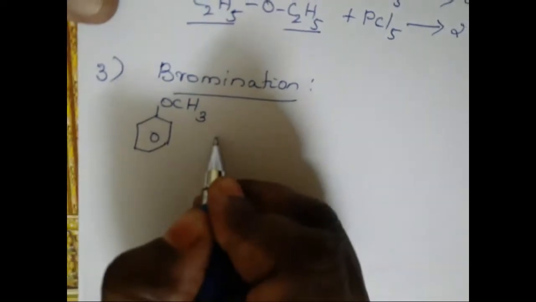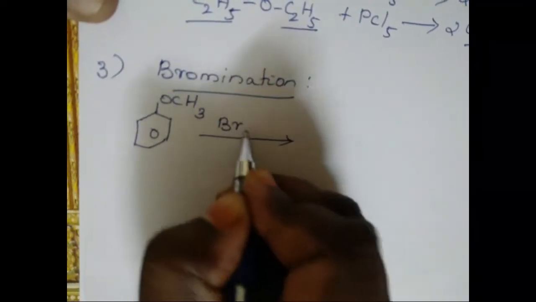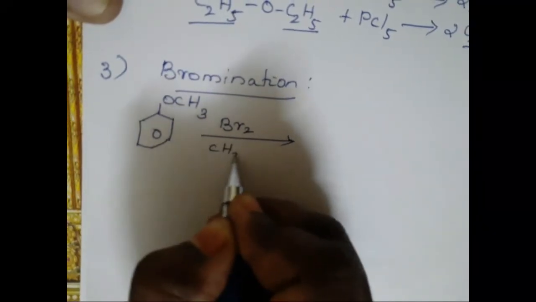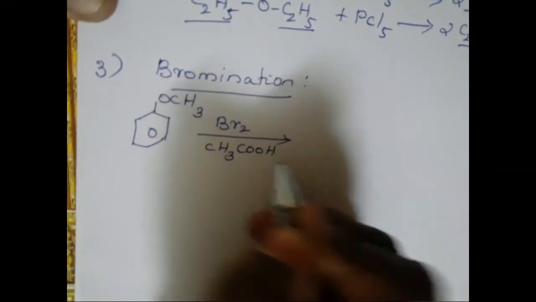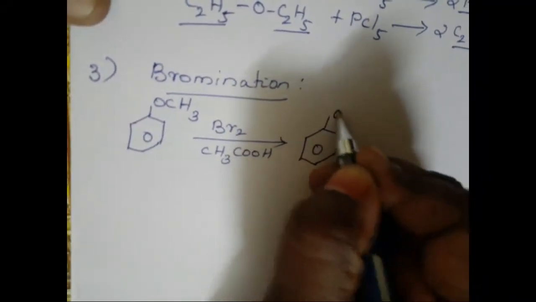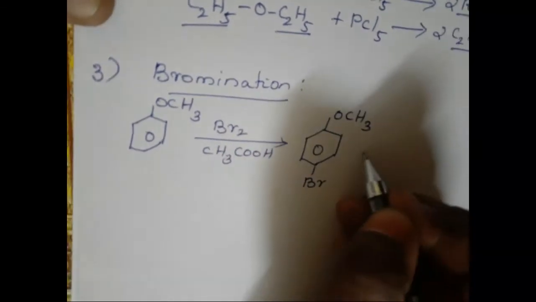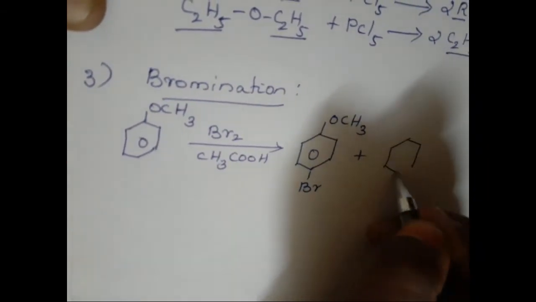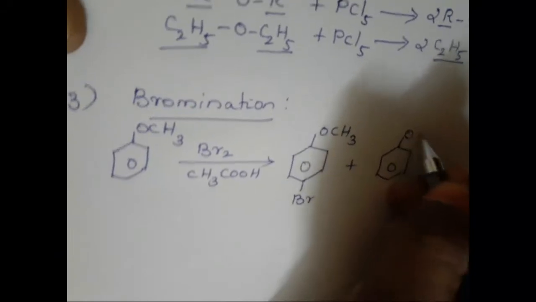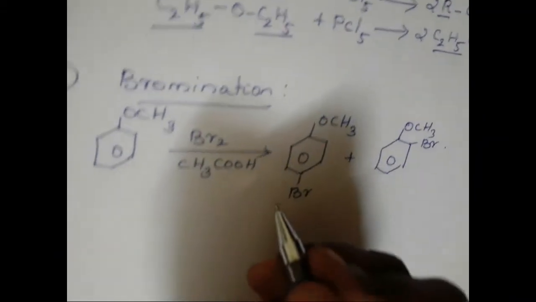Anisole, when it undergoes halogenation, that is bromination, in presence of acetic acid, forms two products, para-bromoanisole and ortho-bromoanisole.